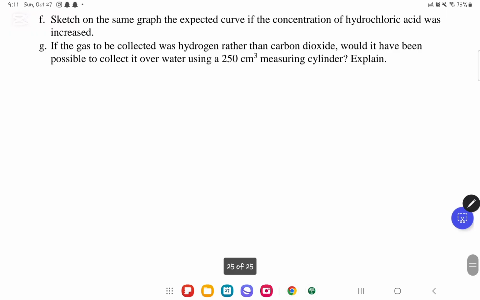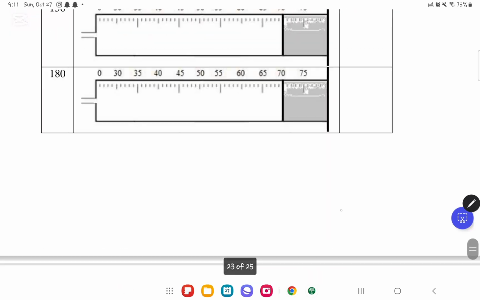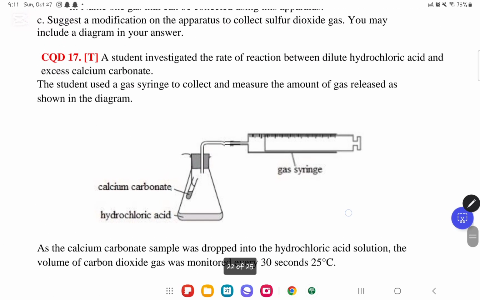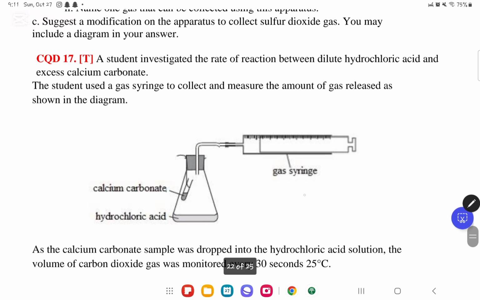Question F, they asked us to sketch on the same graph the expected curve if the concentration of hydrochloric acid was increased. I'm not going to sketch, I'm just going to explain. I believe hydrochloric acid is the limiting reagent, but let's double check. Here they tell us between dilute hydrochloric acid and excess calcium carbonate.